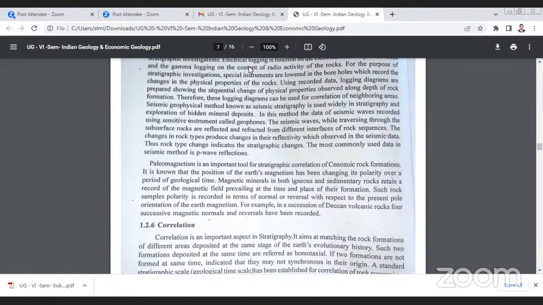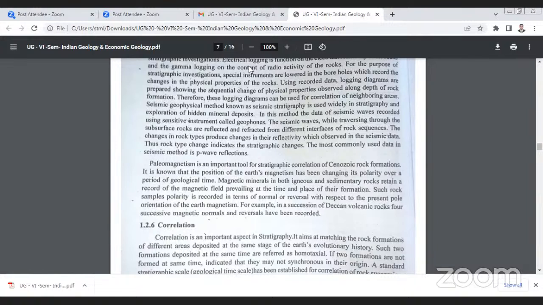Using the recorded data, logging diagrams are prepared showing the sequential change of physical properties observed along the depth of the rock formation. Therefore, these logging diagrams can be used for correlation of neighboring areas.